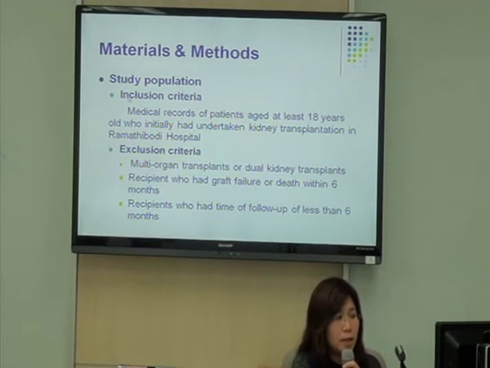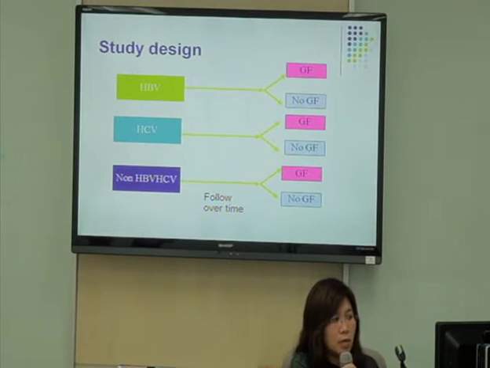For the study population, the inclusion criteria are medical records of adults who had a kidney transplantation, excluding multi-organ transplants. The exposures that we are interested in are hepatitis B infection, hepatitis C infection, or non-hepatitis B or C infection.